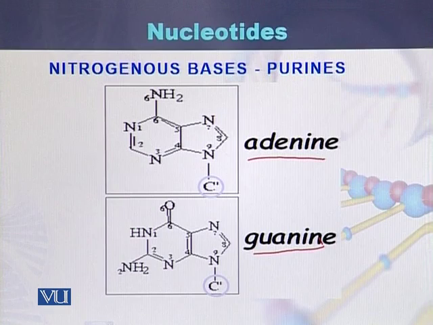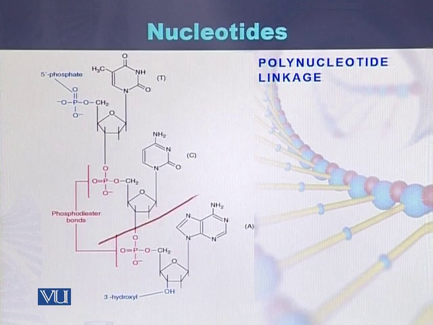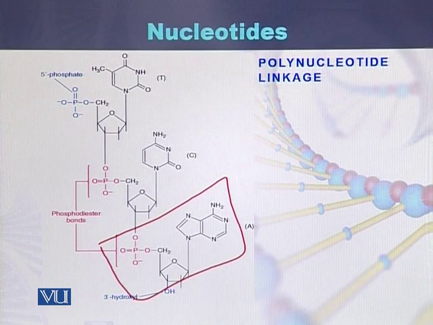What is the meaning of polynucleotide linkage? If we see this diagram, this is one nucleotide. This is the second nucleotide.